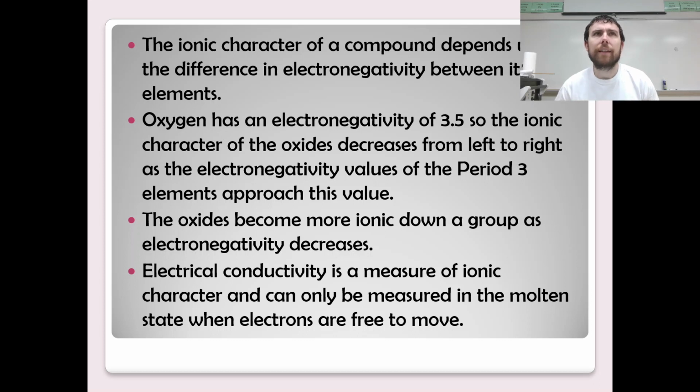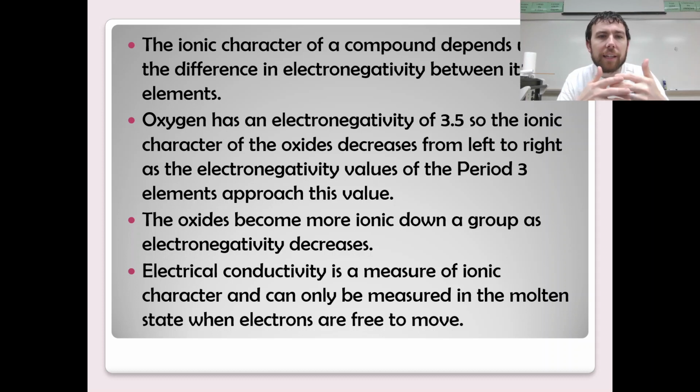And another thing that chemists can use to measure ionic character, certainly we can use this electronegativity difference, but another test that could be measured is the electrical conductivity of an ionic solid, right? Well, specifically a molten ionic substance, right? So you convert the ionic substance to a liquid and you measure its electrical conductivity.